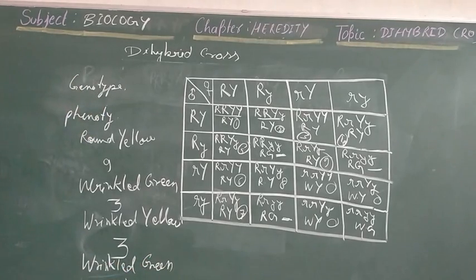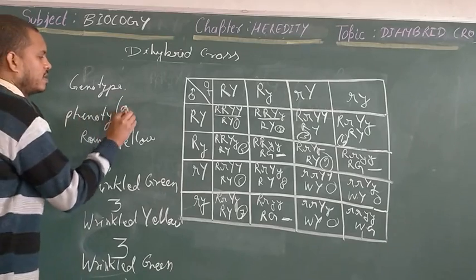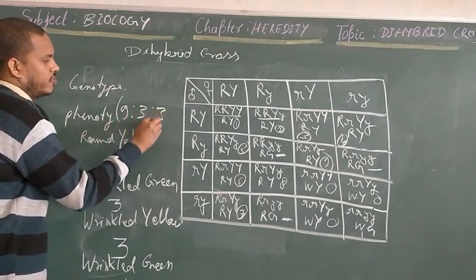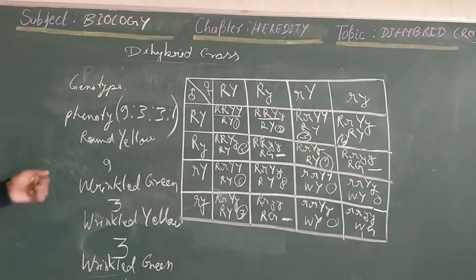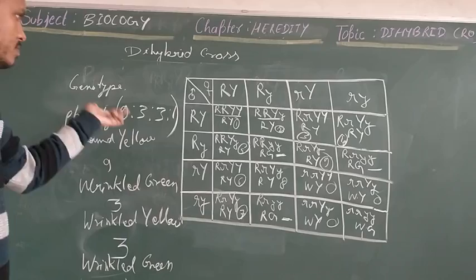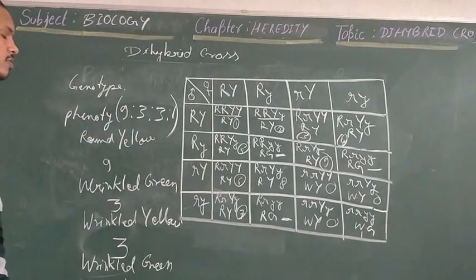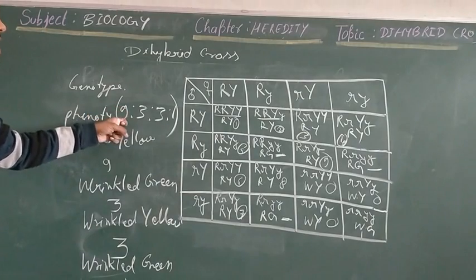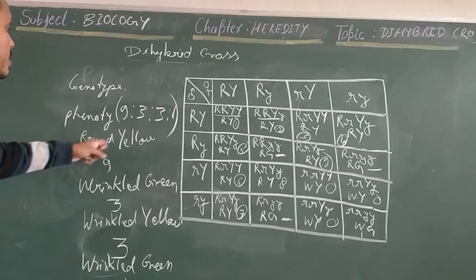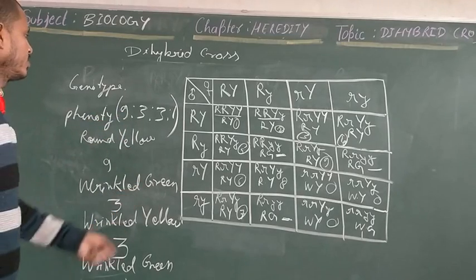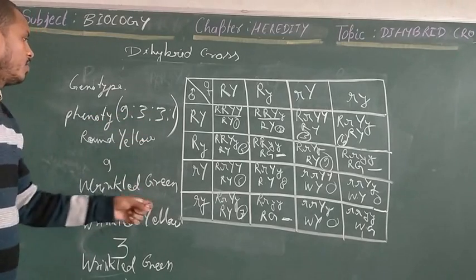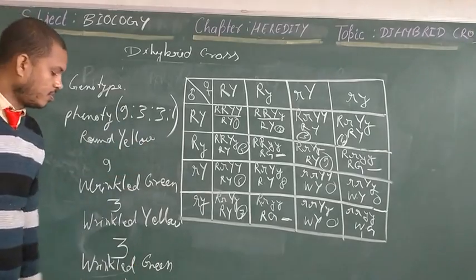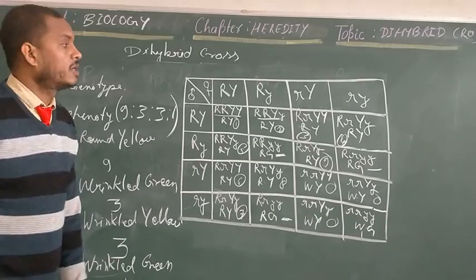Good. So what is the phenotype ratio that you will get? 9:3:3:1. This is your phenotype, meaning the appearance of the plant. 9 plants will be round yellow, 3 plants you will get round green, 3 plants wrinkled yellow, and 1 you will get the homozygous recessive, that is wrinkled green.